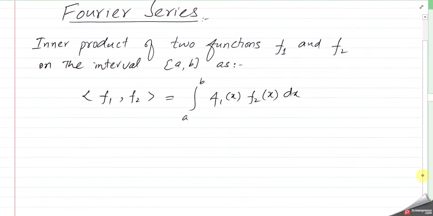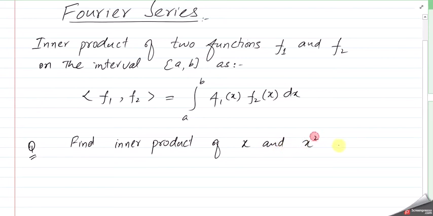So if the question says find the inner product of two given functions, for example, let's take our example, find inner product of x and x square on minus 1 to 1.